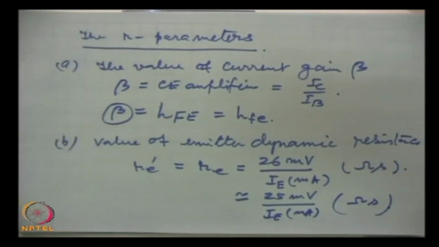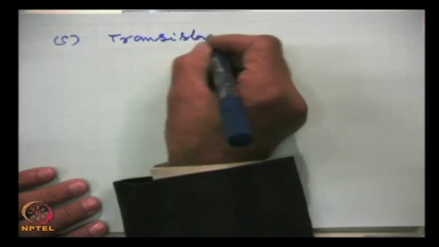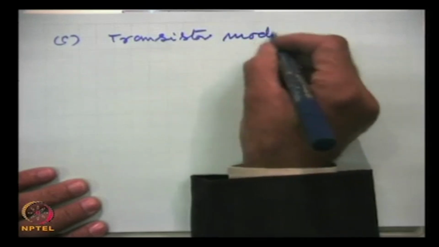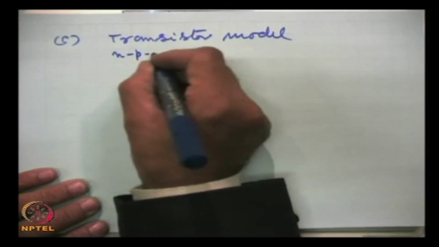Now, you remember that we developed a small signal model for moderate frequency applications when we were talking about the transistor BJT, and you will recall that this is what we arrived at, a simple transistor model that we will be using in this analysis, and this model was for NPN transistor.